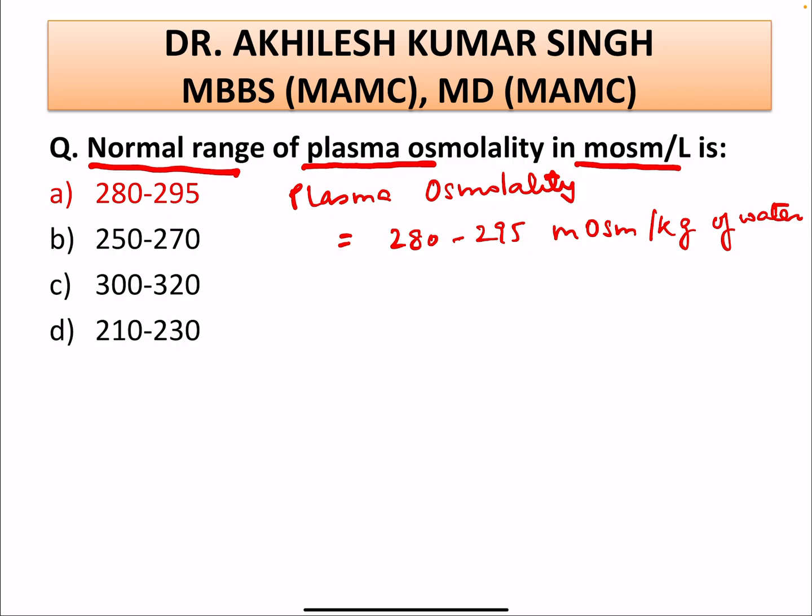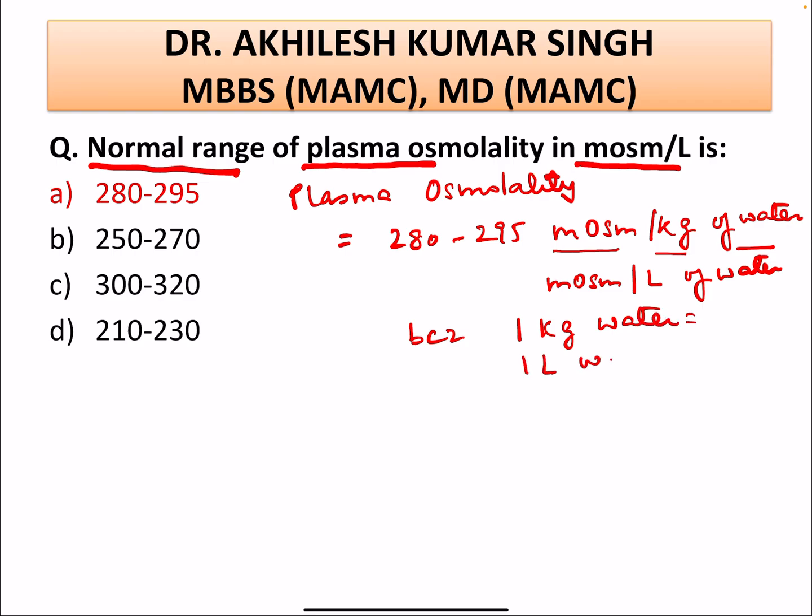And instead of milliosmoles per kg of water, we can also write milliosmoles per liter of water. We can replace the kg with the liter, because we know that 1 kg water is equal to 1 liter of water.